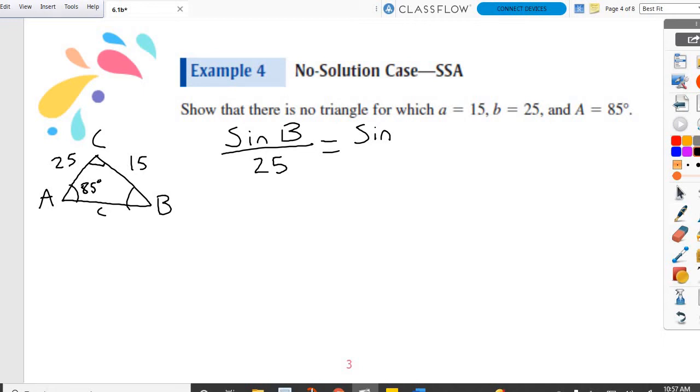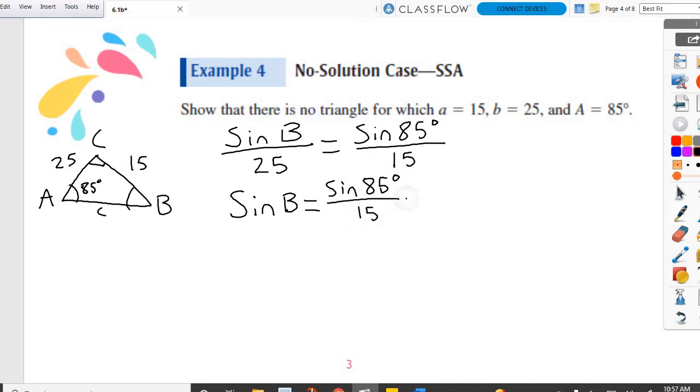I have to use 85 because it's the only one that I know. So sine of 85 over what? 15. So then how do I solve for B? Multiply by 25, and then take sine inverse. And what do we get when we plug that into our calculator?